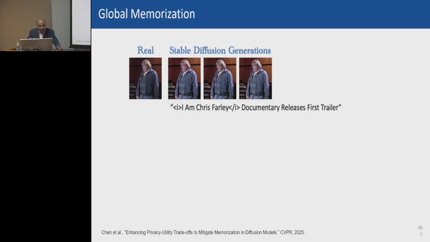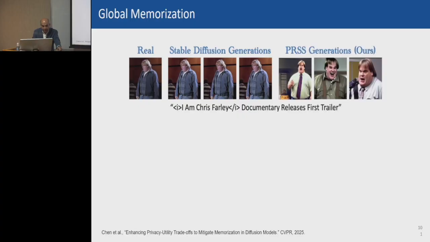So now again, we'll have a new method. So this is a training image, and this is the generated images from Stable Diffusion, standard, the baseline. And as you see, they are duplicates. We are going to talk about a method which will generate images which are very different. So this will mitigate the problem.